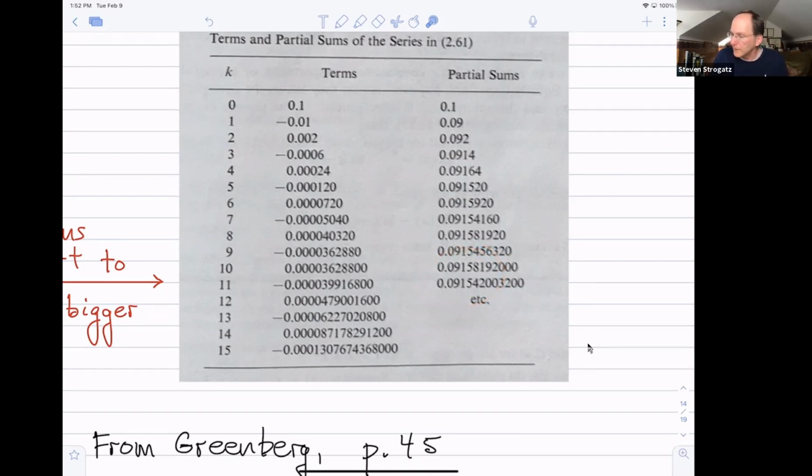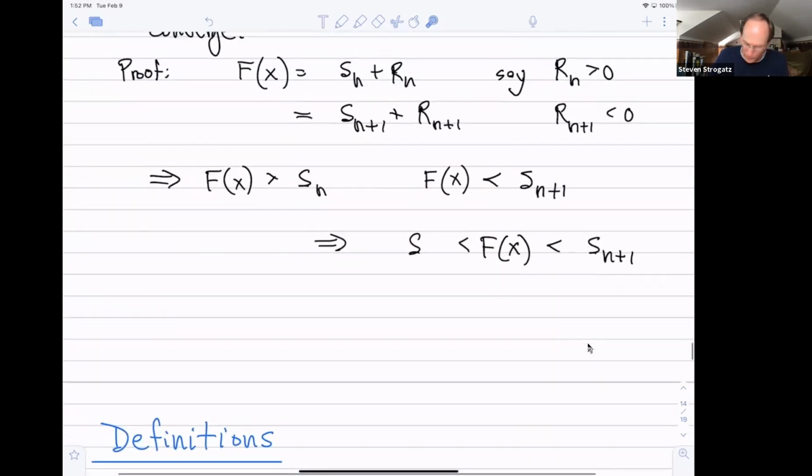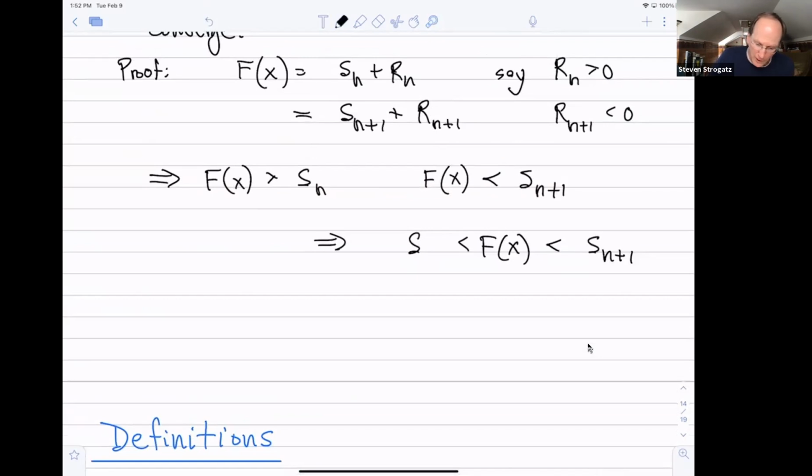Anyway, just to summarize, we're pretty much done with this example, but to finish it off, we should stop where the partial sums are tightest.